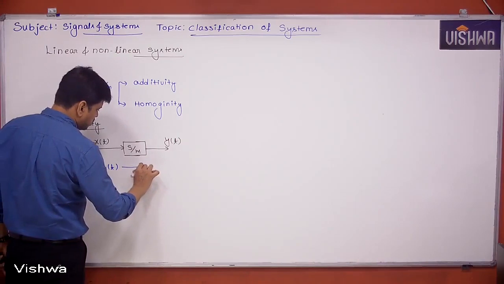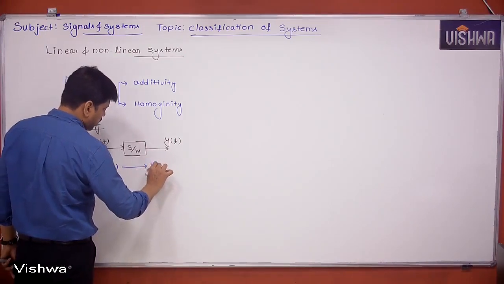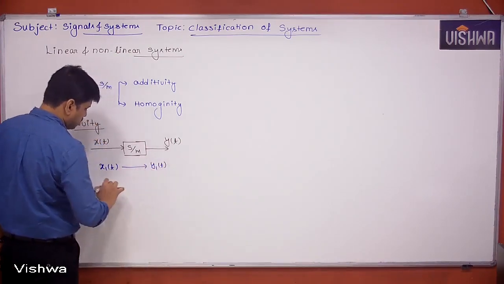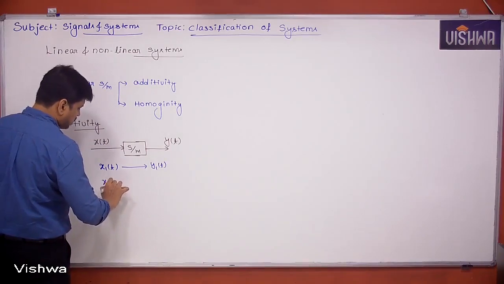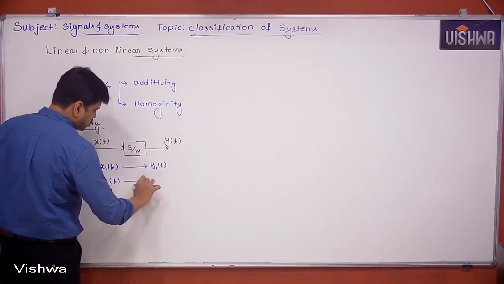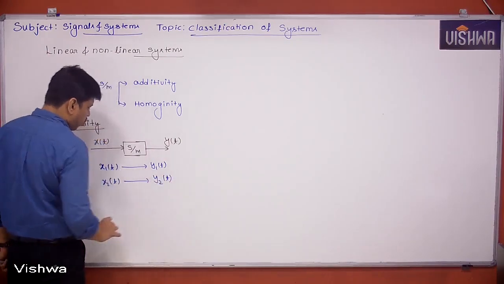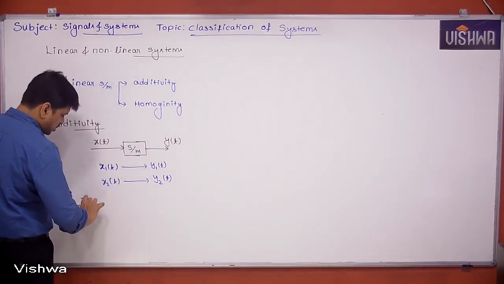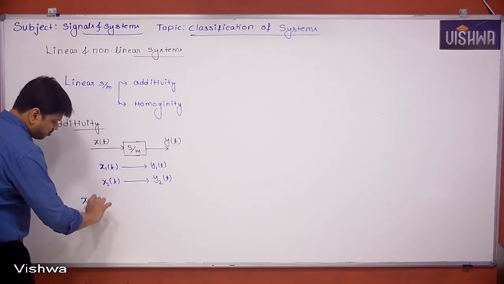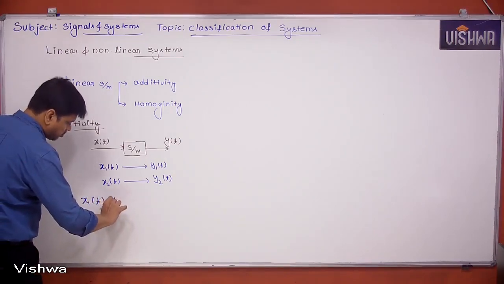For this, it will produce y1 of t. Let's assume another signal x2 of t. Then it is going to produce another output y2 of t. What if I combinedly take these two signals? That means x1 of t plus x2 of t.